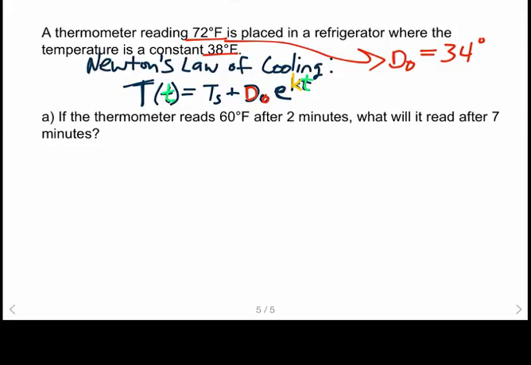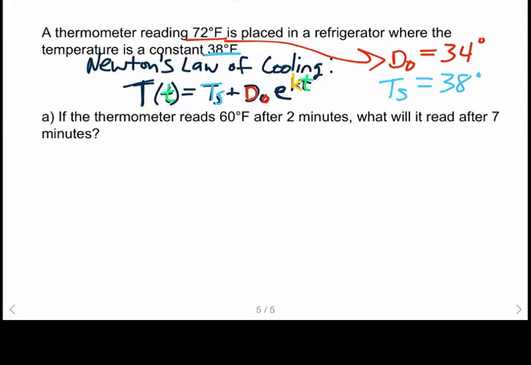And then there's this T sub s. T sub s is the surrounding temperature. And so the refrigerator's temperature, in this case, T sub s, is equal to 38 degrees. In the case of the dead body, that would be the surrounding air temperature, assuming that it stayed the same for the whole time the body was dead.